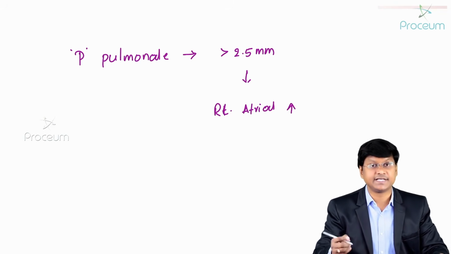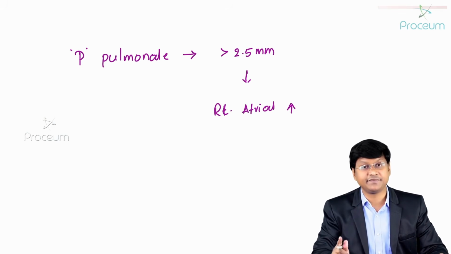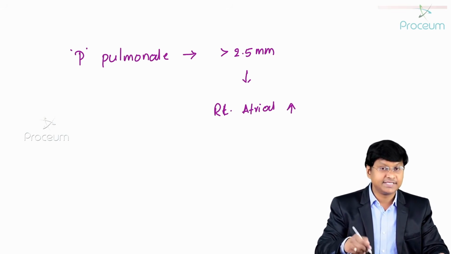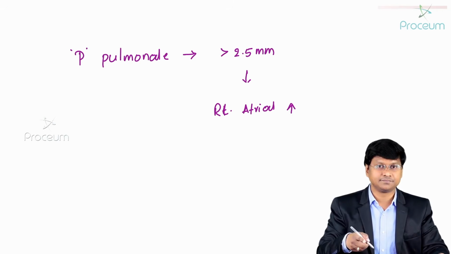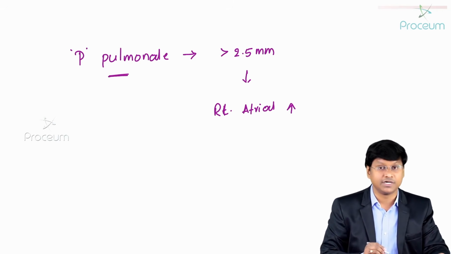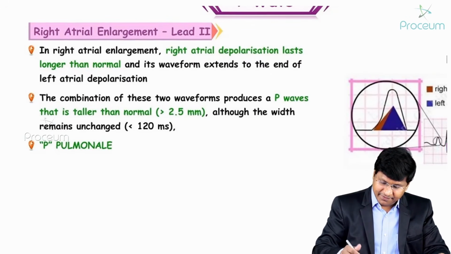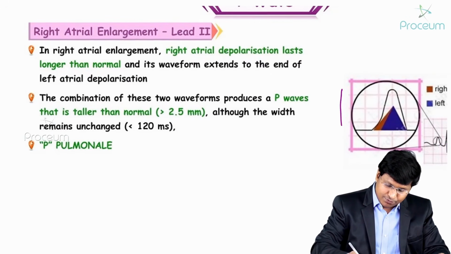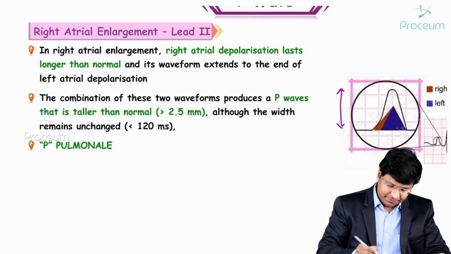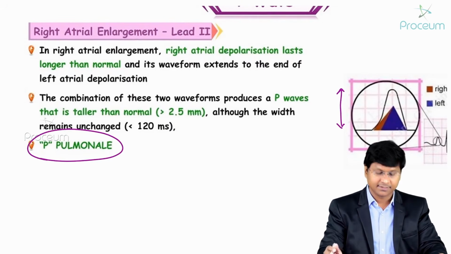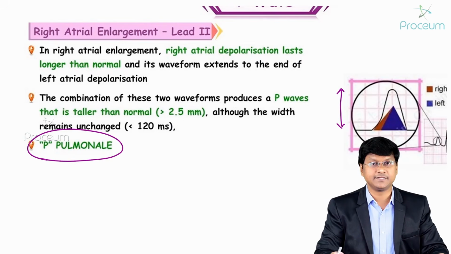Okay, that's a very important point. That means the P wave is taller. So this is the P wave which is tall, more than 2.5 mm. That is called P pulmonale.